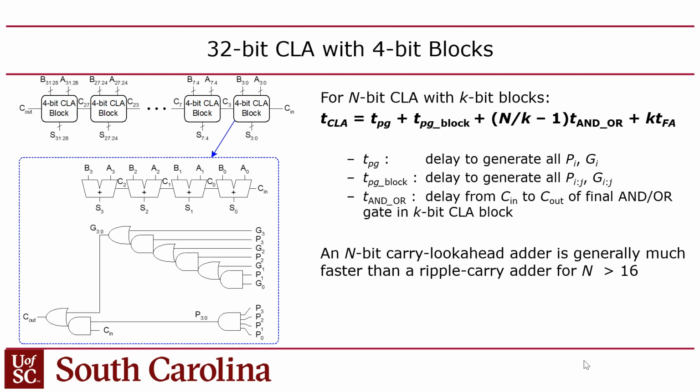And then you take those and you generate the block propagate and generates, right? So for that block. And then once you have those, you use those to determine the carryout for that block as a function of the block level generate and propagates, as well as the carry in into that block.